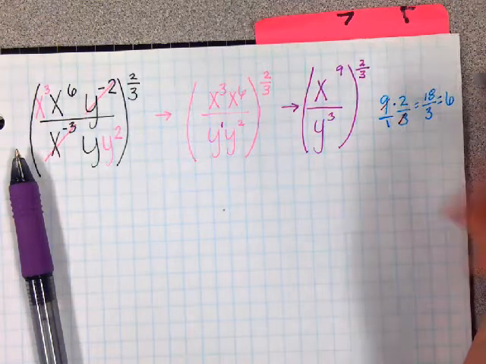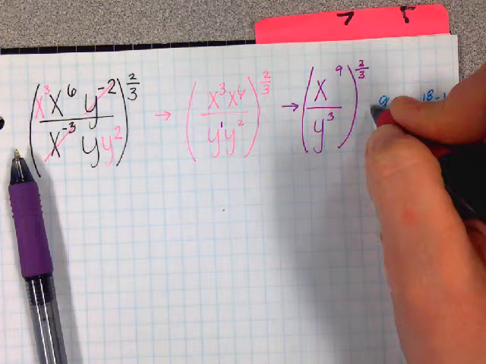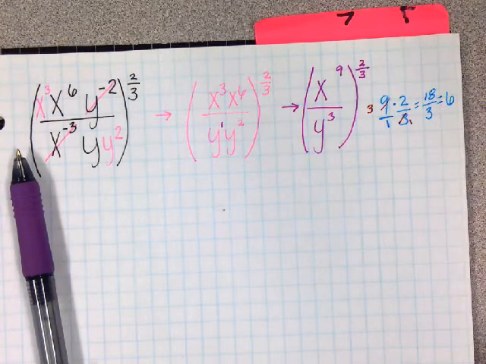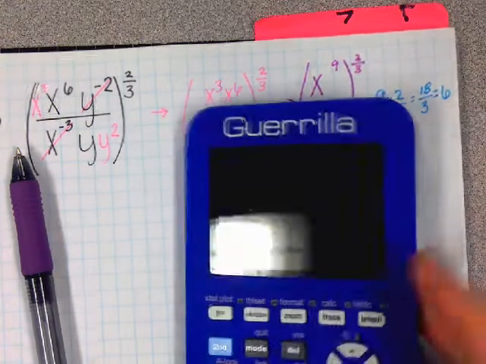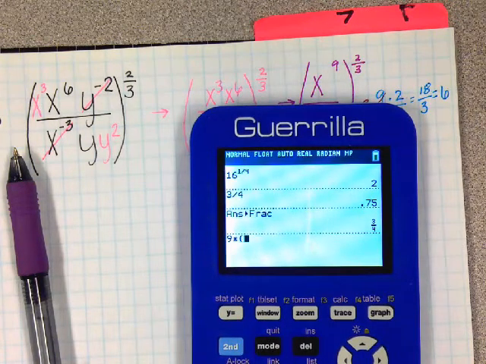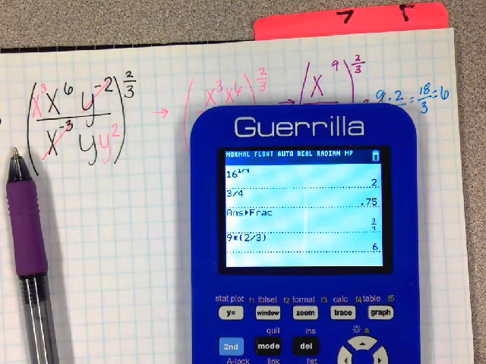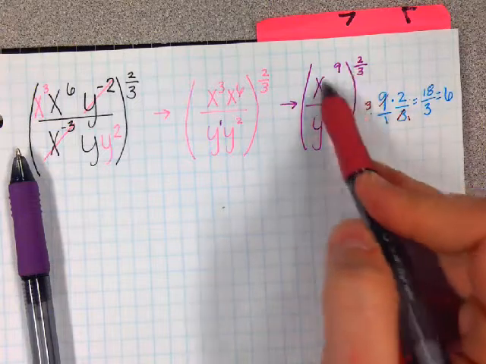Another way you can think about it is 9 and 3 can reduce. 3 goes into 9 3 times. 3 goes into 3 1 time. So 3 times 2 is also 6. Your calculator will also do it for you. If you do 9 times, make sure you put parentheses, 2/3, and that's 6.